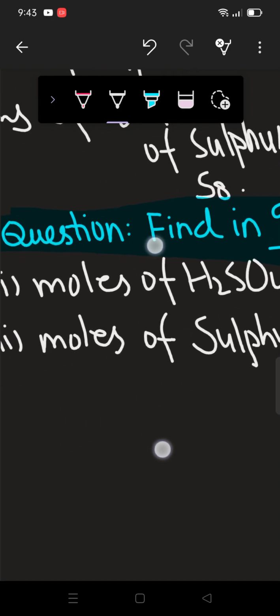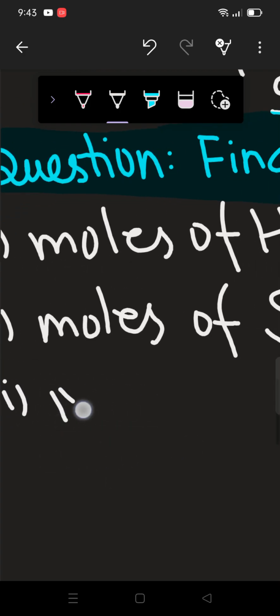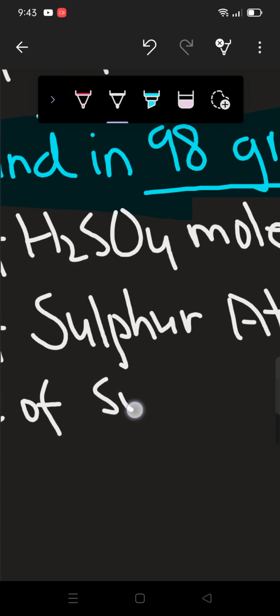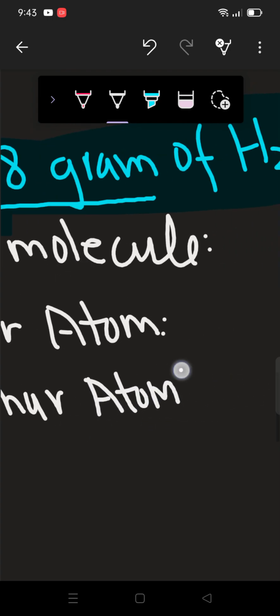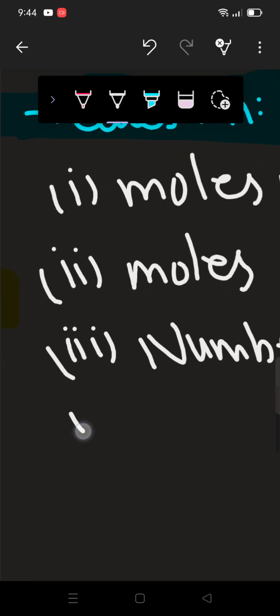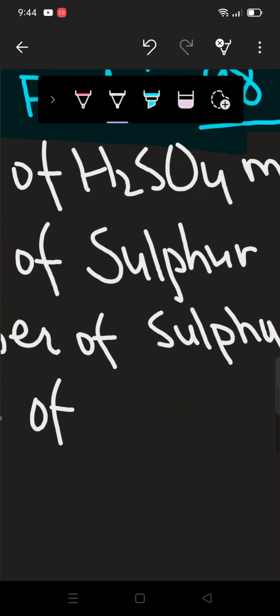Thirdly, we need to find the number of sulfur atoms, not the moles, however number of sulfur atoms. Fourth, we need to find the moles of the hydrogen atom.